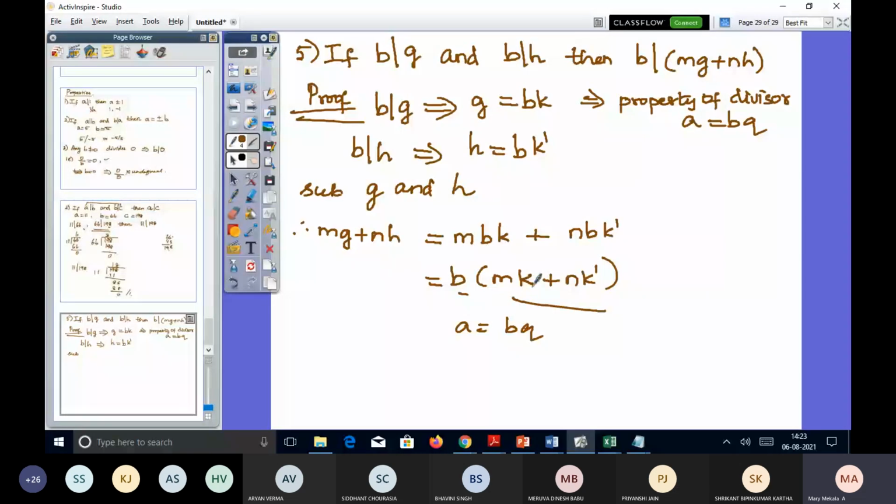This is in the format B into Q, and A is Mg plus Nh. So thus it is proved using the property of divisor. We don't have any other notations. So this is another property. If they ask the properties of divisors, you should be able to write all these 5 properties with some explanations.